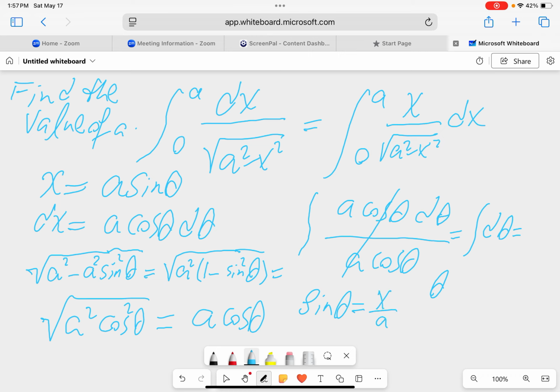Then from the inverse of trigonometry, theta is equal to arc sine of x over a.